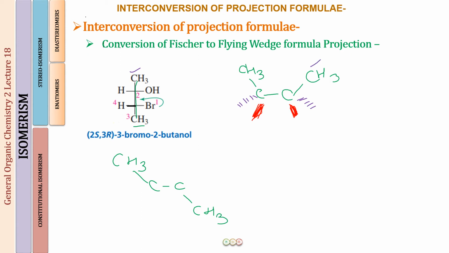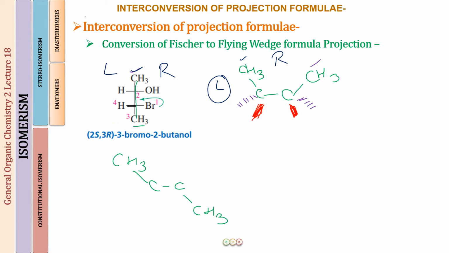Okay, this is as far as drawing it when we have taken the CH3 up. And now let us fill in the H, the OH and the Br in their positions. The way I have taught you was to look at the vertical line both in the Fischer projection and in the flying wedge. So this is my right side and left side for the Fischer, and for the flying wedge, this is going to be my right side and this is going to be my left side, if I go by looking at the line joining the four carbons.